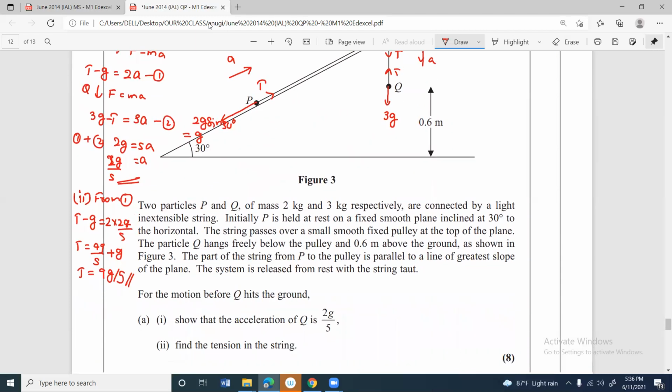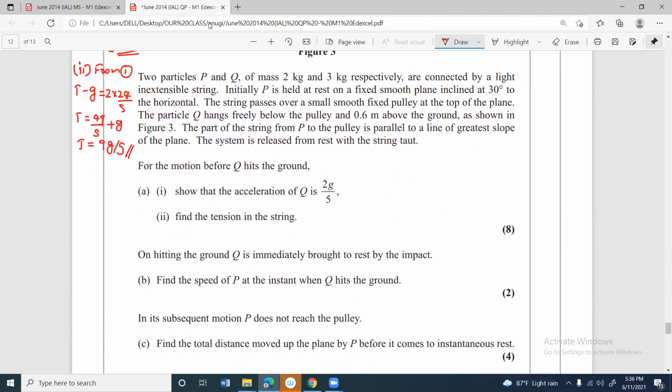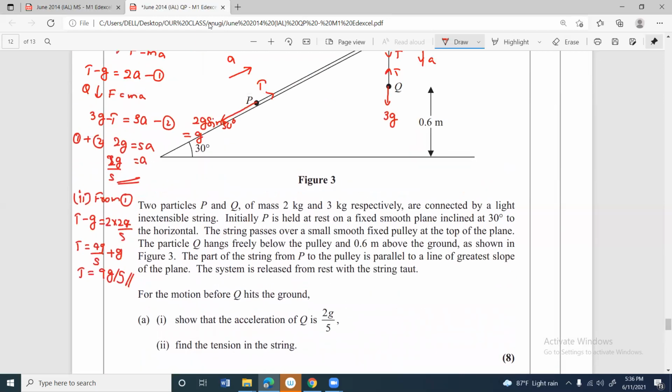Okay. Then they mention, on hitting the ground, Q is immediately brought to rest by impact. Find the speed of P at the instant when Q hits the ground. In its subsequent motion, P does not reach the pulley. So this is a pretty simple question.